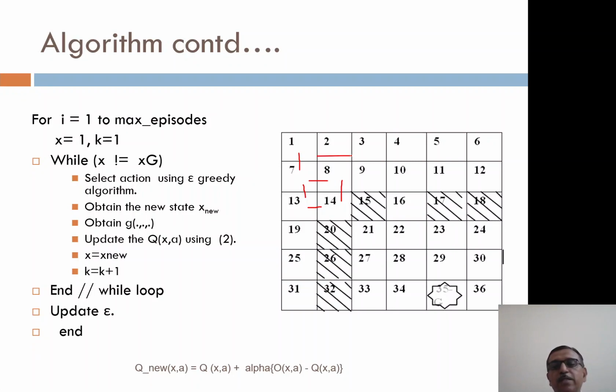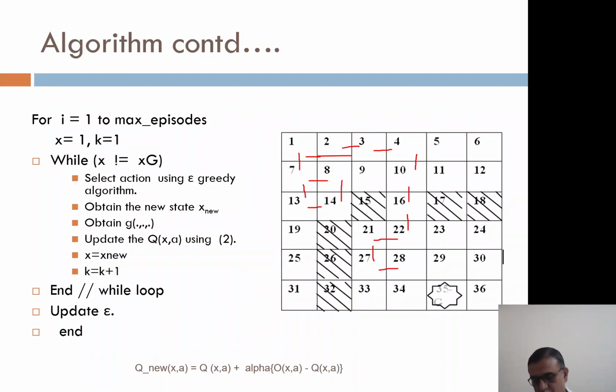I took this action, an up action, then the algorithm said take this action, and this action. Initially it may move around and around. It took these actions based on the epsilon greedy algorithm. You are in cell 27, let me repeat. According to the epsilon greedy algorithm, the action to be taken is right. So it took this right action, obtained G, and updated the Q value.